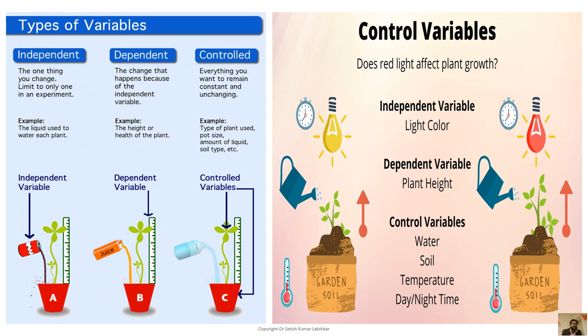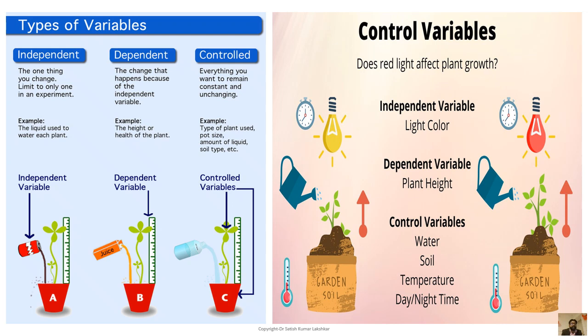In the independent category, we are looking at the liquid or the water quantity used to water each plant, how much water we are adding to the plant.